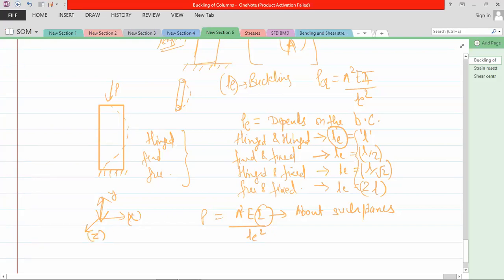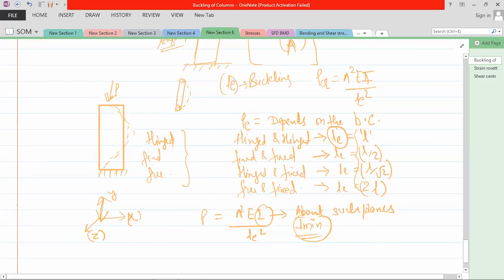So we have to take that I which is minimum of the two, because if we apply load P, buckling can happen in this way, or in a 3D view, buckling can also happen in the other plane. So we need to take I minimum, which I explained in the earlier lecture.